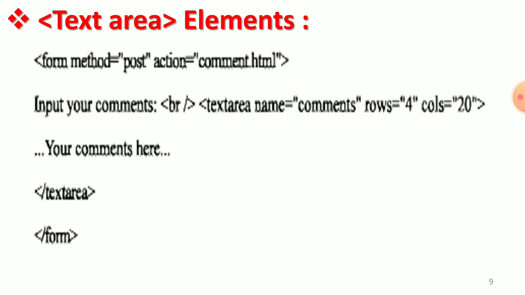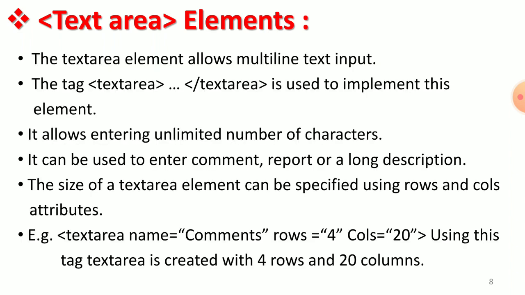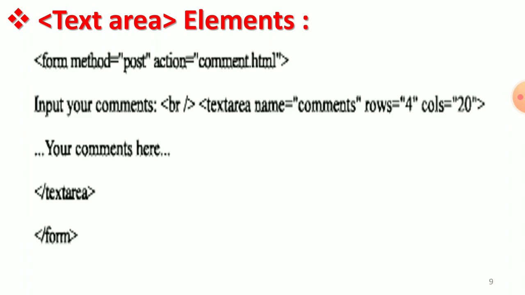That means 4 rows and per line 20 characters you have entered. That is a text area. Example: textarea name equals to comments, rows equals to 4, cols equals to 20. Using this tag, a text area is created with 4 rows and 20 columns. That is a text area.